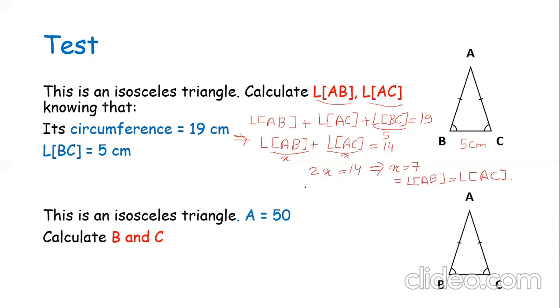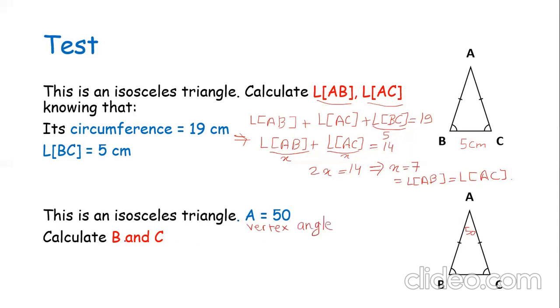Now let's move to the other exercise. This is an isosceles triangle here on the right, in which A is equal to 50 degrees, which is the vertex angle in this triangle.